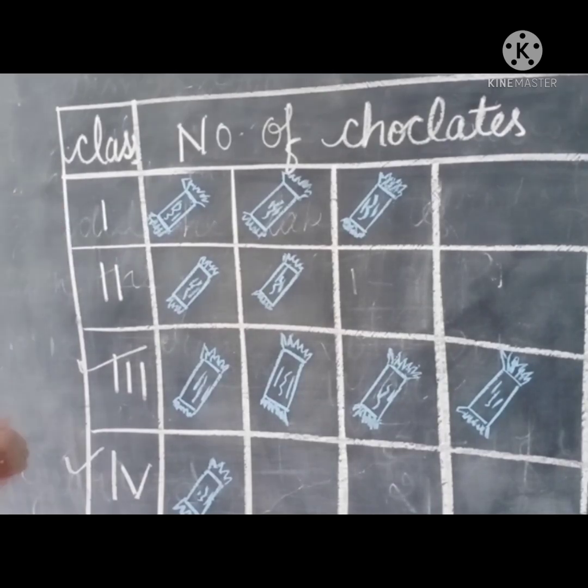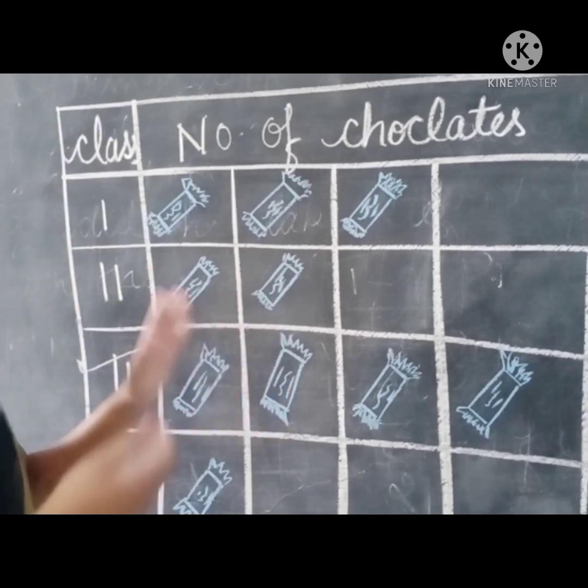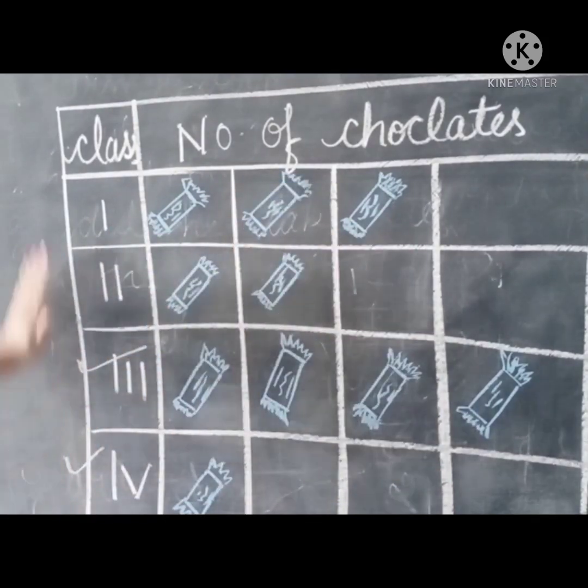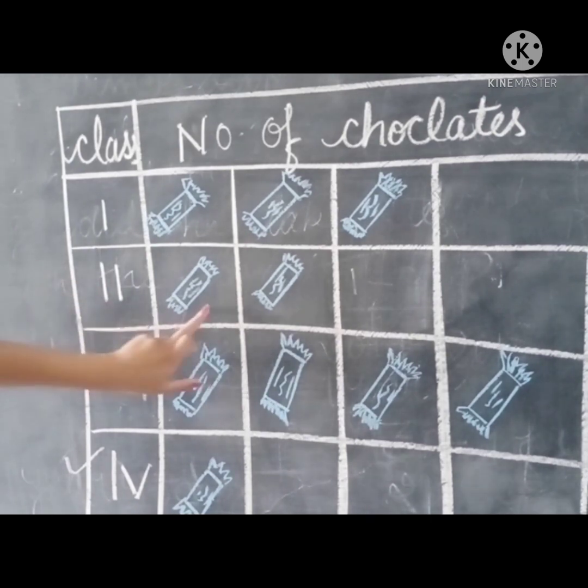After this pictograph, you will be asked questions like how many chocolates are there, which class got the maximum number of chocolates, which class got only 2 chocolates, which class got only 1 chocolate, which class got 3 chocolates. You just have to answer that 4th class got only 1 chocolate, 2nd class got 2 chocolates.